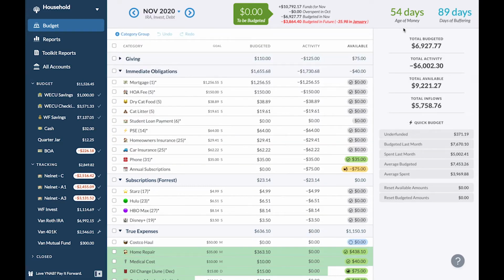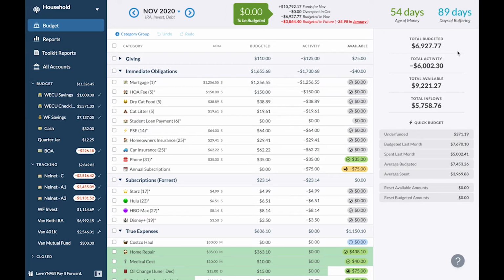Anywho, they average it all out and it comes to 54 days, which is pretty amazing. They kind of advocate for a minimum of 30 days. That's an indication that you've broken the paycheck to paycheck cycle. But all the way up to 60 days, that's basically having 2 months of buffering between when I earn the money and when I spend it.